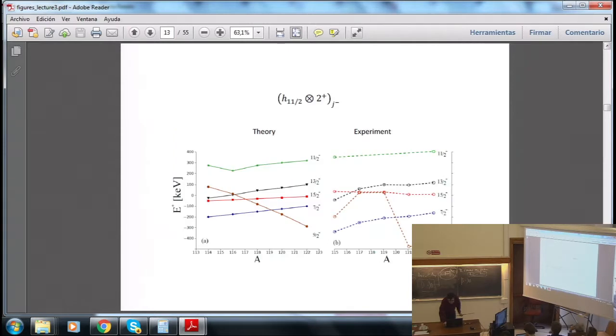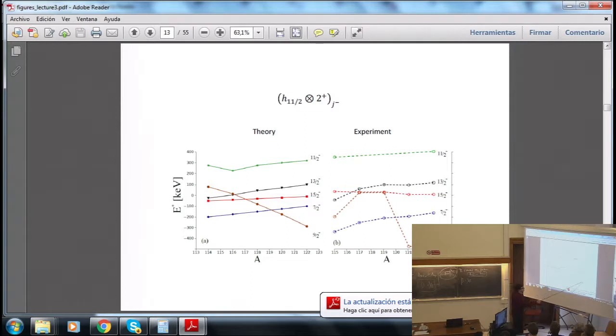But this nucleus, or better to say this family of nuclei, gives us an even better hint. Because if you do the same with the neighbor nuclei, there is a very special behavior of this element of the multiplet, which has angular momentum J minus 1.